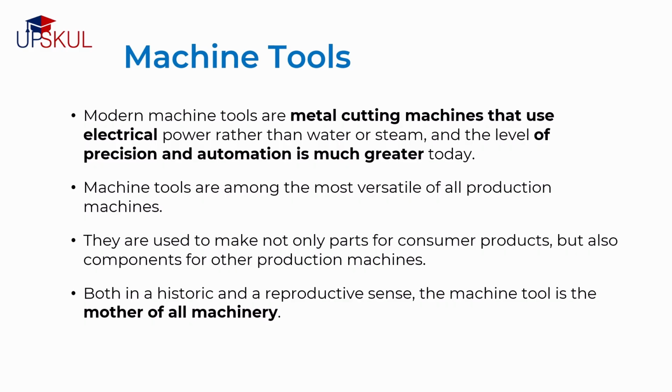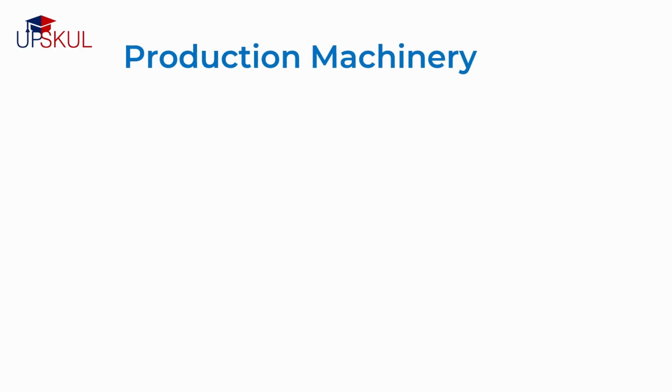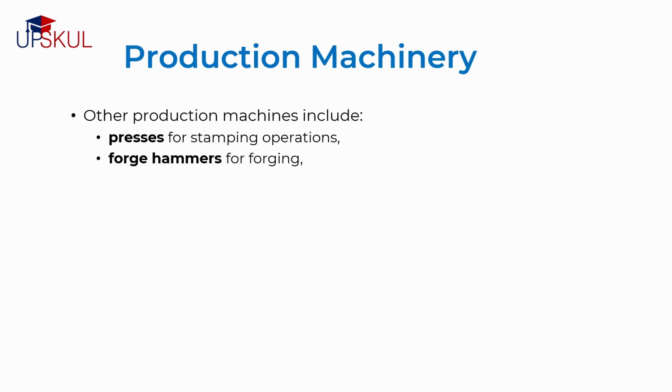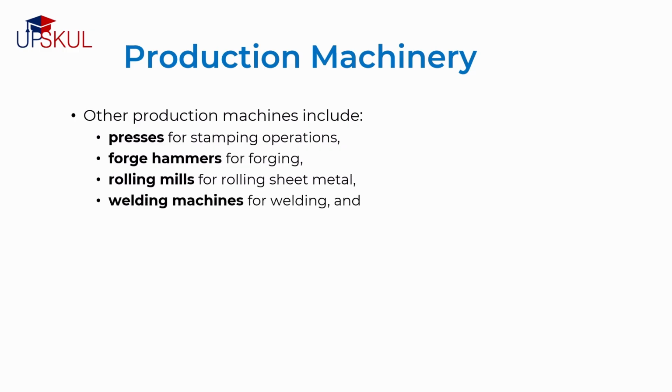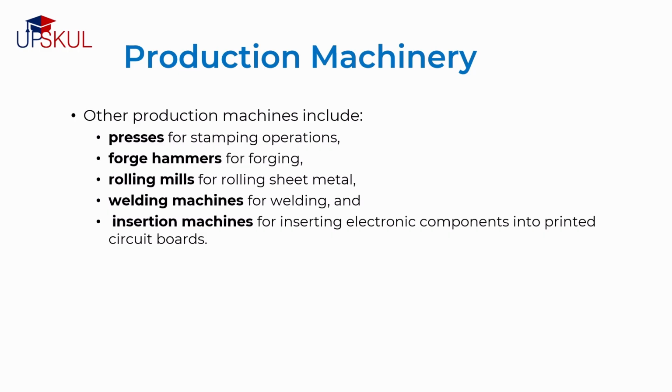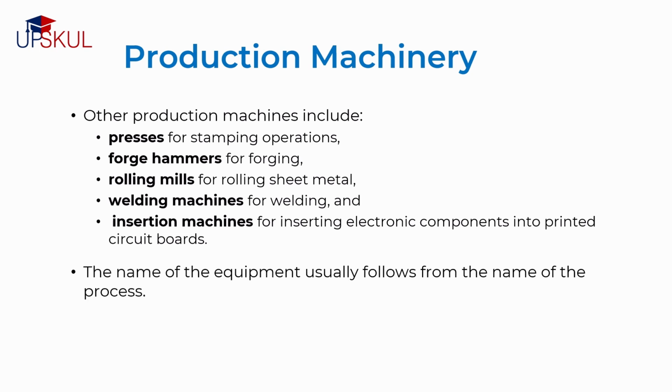Other production machines include presses for stamping operations, forge hammers for forging, rolling mills for rolling sheet metal, welding machines for welding, and insertion machines for inserting electronic components into printed circuit boards. The name of the equipment usually follows from the name of the process.